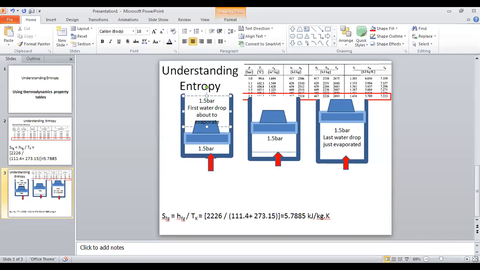It's about to turn into gas. The last water drop just evaporated or about to evaporate, both are okay.